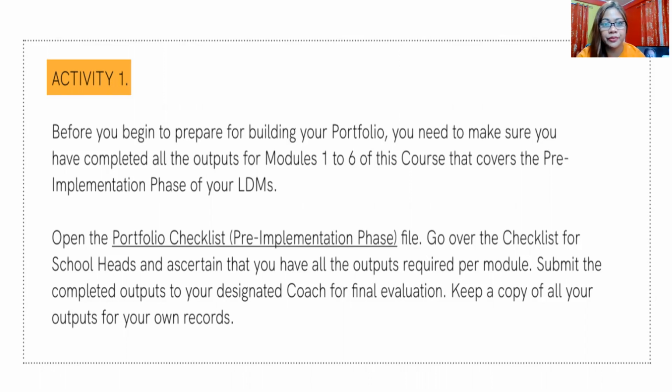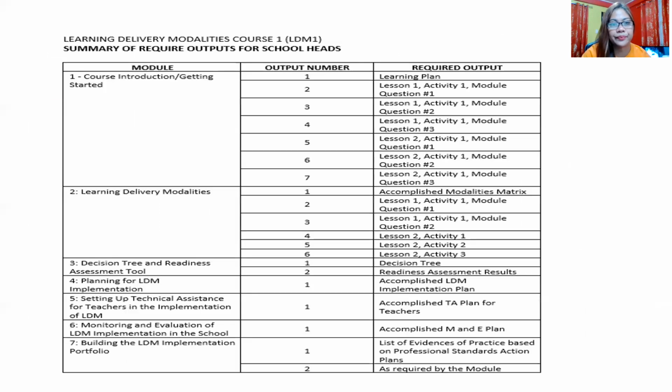Do not forget to file your personal copy of your outputs as your own records. This is how the checklist looks like. It is a summary of required outputs for school heads for your LDM Course 1. As listed in the first column are the titles of the module, and then the outputs that you need to submit for the following modules, and then the required output.